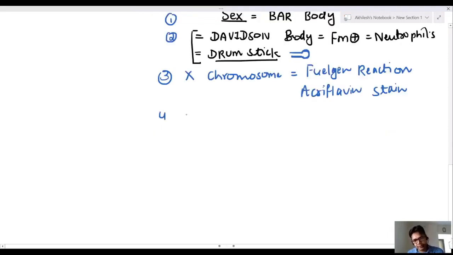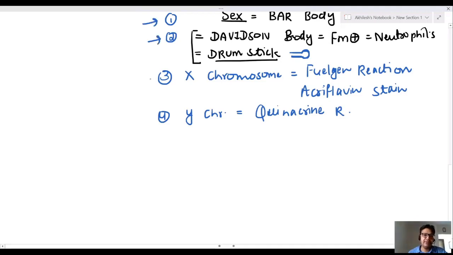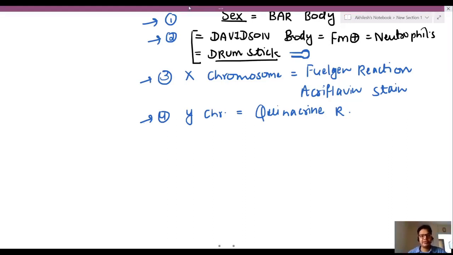Number 4, for the Y chromosome, we use the quinacrine reaction. So you can see Barr body is in females, Davidson body is in females. For the X chromosome, we use the fusion reaction, and for the Y chromosome, we use the quinacrine reaction.